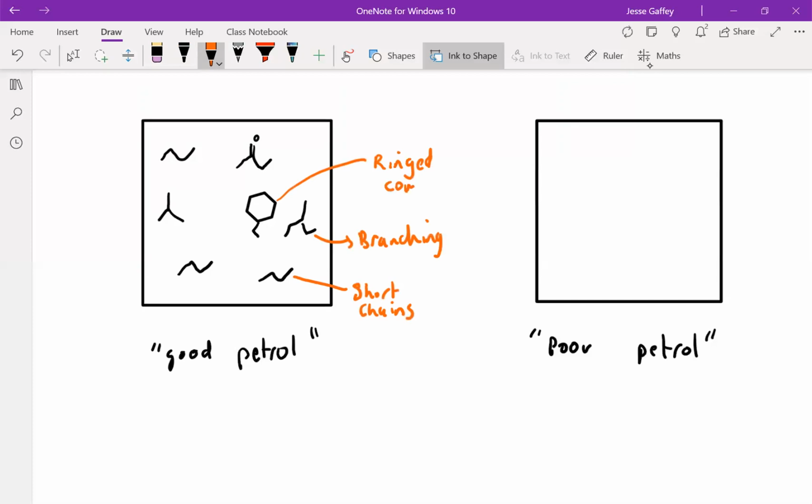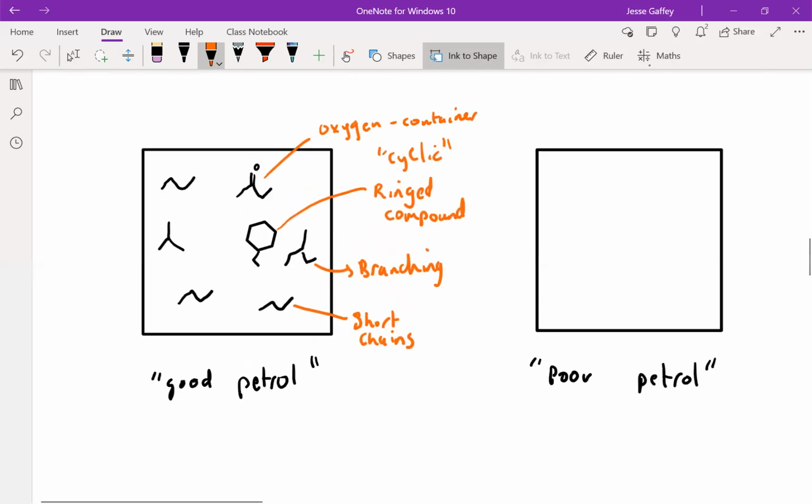These are cyclic compounds. We've learned about these already. So ringed compounds or cyclic, branching and short chains. The last one is an oxygen-containing compound. So these are the molecules that we will find in a good petrol.